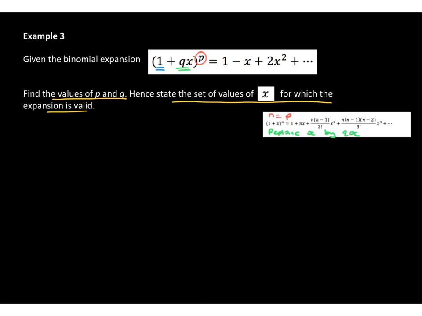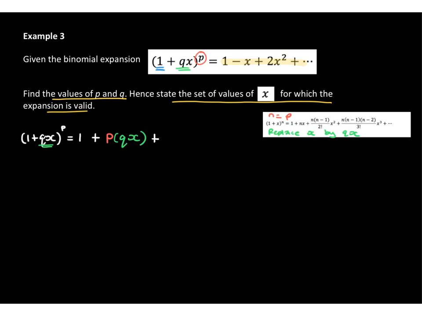And we can check we've got the one that we need as our starting point. So all we have to do is take 1 plus qx and expand it to the power of p. So our first term is 1, our next term is n, which is p, multiplied by our x term, which of course is qx, and we need to do one further term because, as you can see, we're going up to the term including x squared and no further than that.